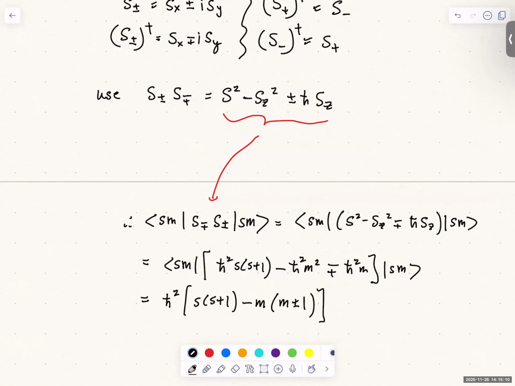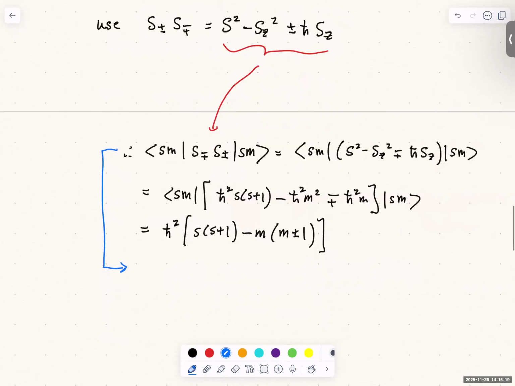So what I'd like to do is go back to here. And we're getting pretty close to the result that we want. So remember, we had this kind of trick where I could take this operator and act on the state to the right, or I could take this one and act on the state to the left. But to do that, I have to take the Hermitian conjugate of that operator.